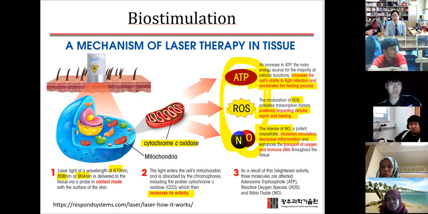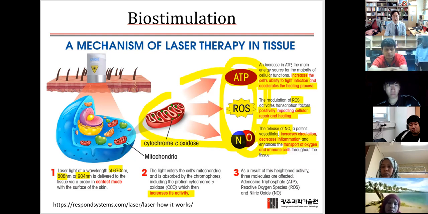And also high blood flow will have more oxygen transport, and also immune cell transport into different regions of the body. So this is actually one of them.